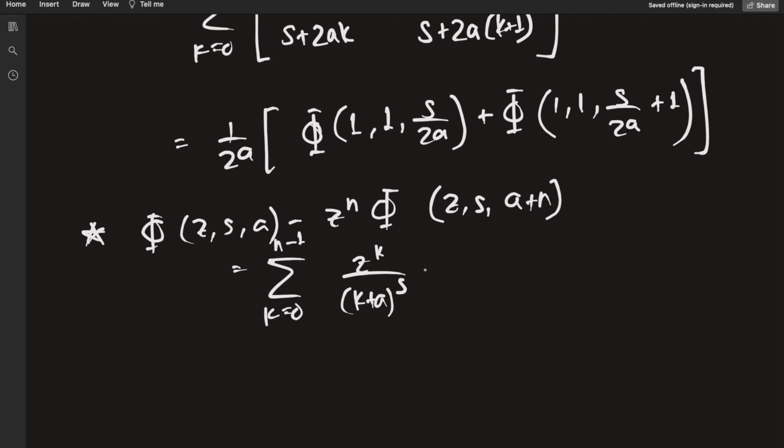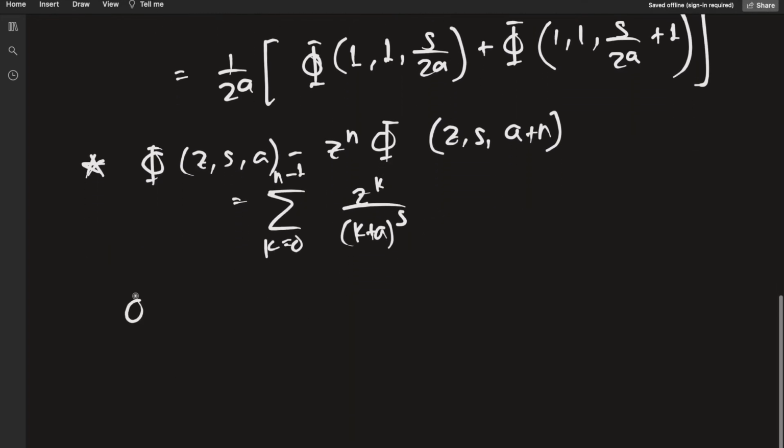So what we can do is use the formula from before, but with the right substitutions.